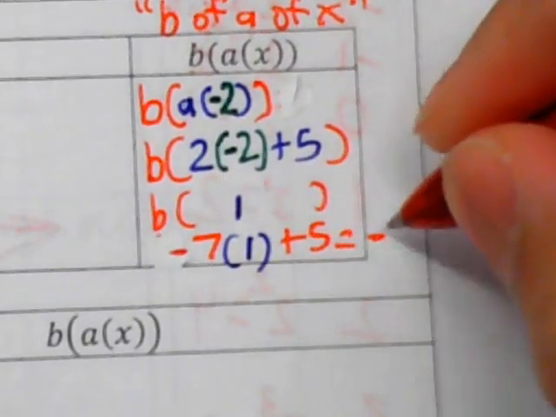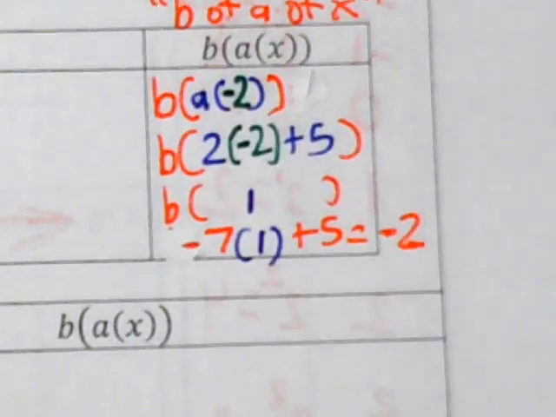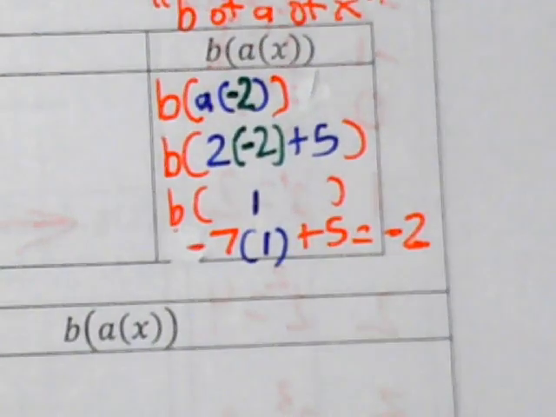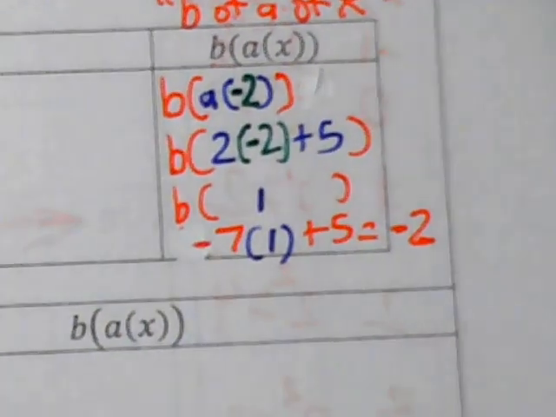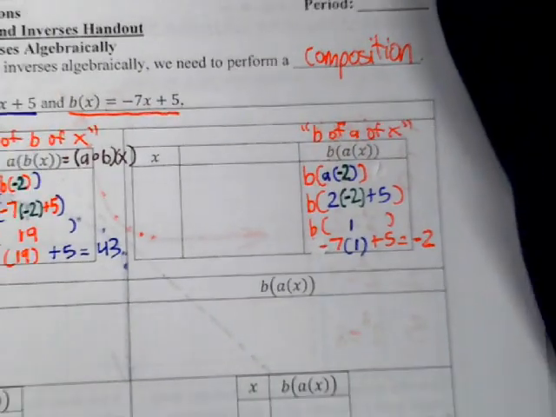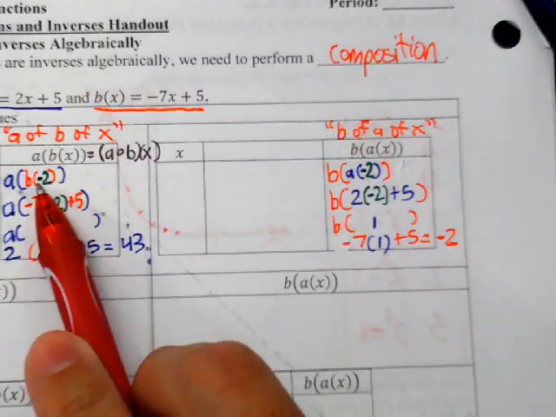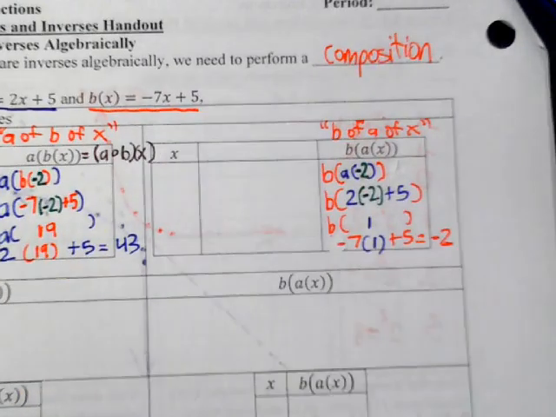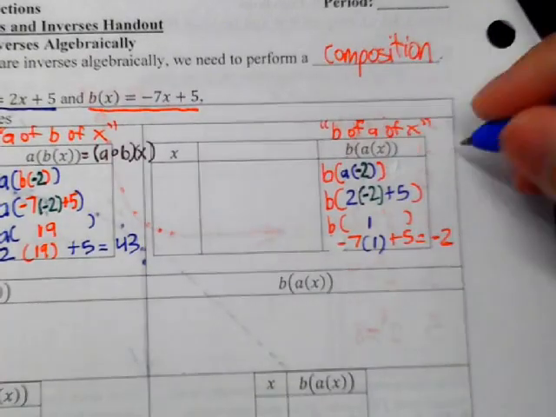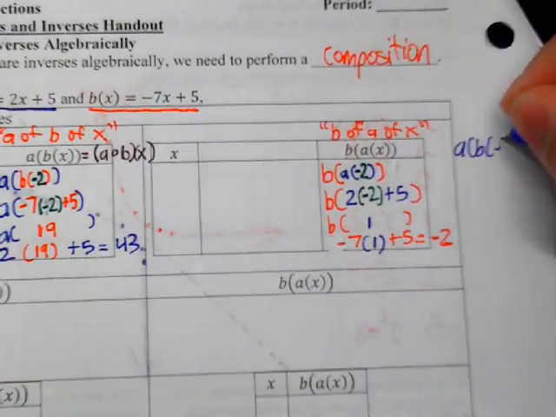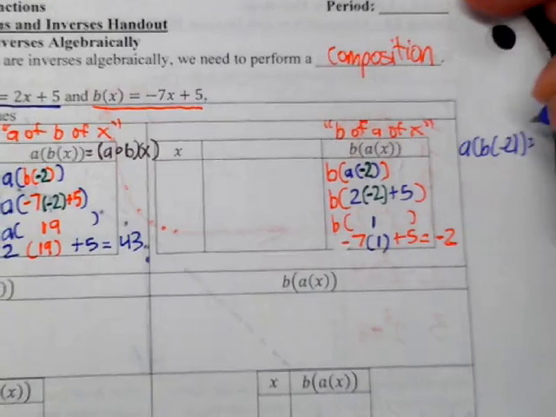Okay, so we see that from over here, a of b of negative 2 equaled 43. But then we saw from here that b of a of negative 2 equaled negative 2.